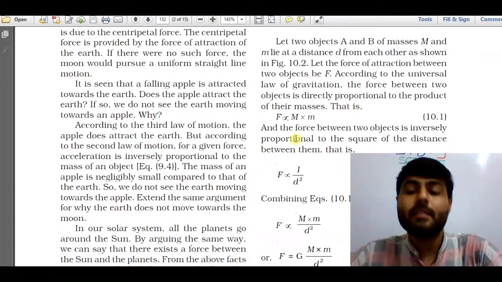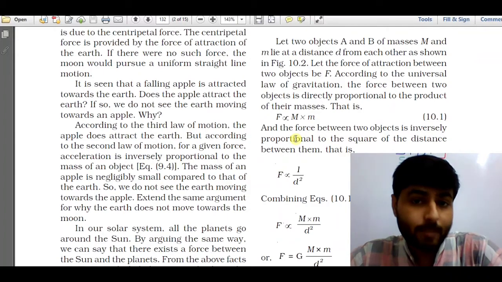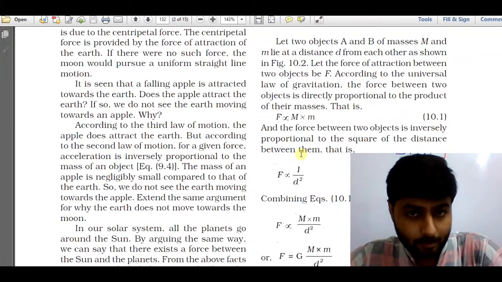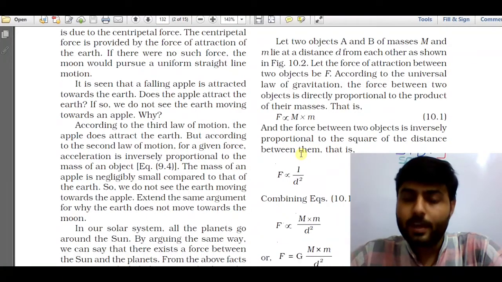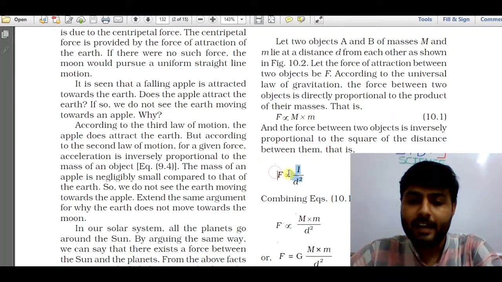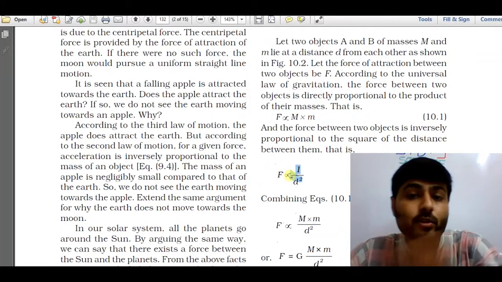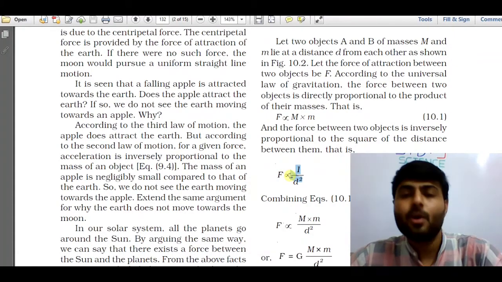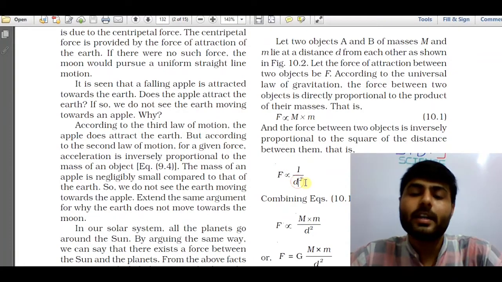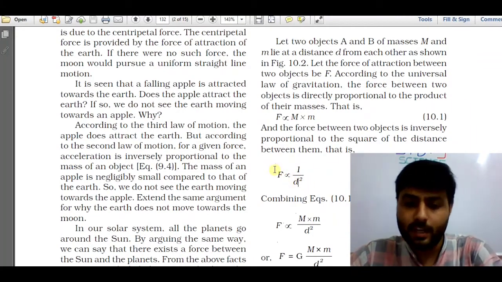And the force between the objects is inversely proportional to the square of the distance between them. Now we know we have the distance between these two objects as small d. So we write F is directly proportional to 1 upon d square, or we can say that F is inversely proportional to d square, as we can see here.